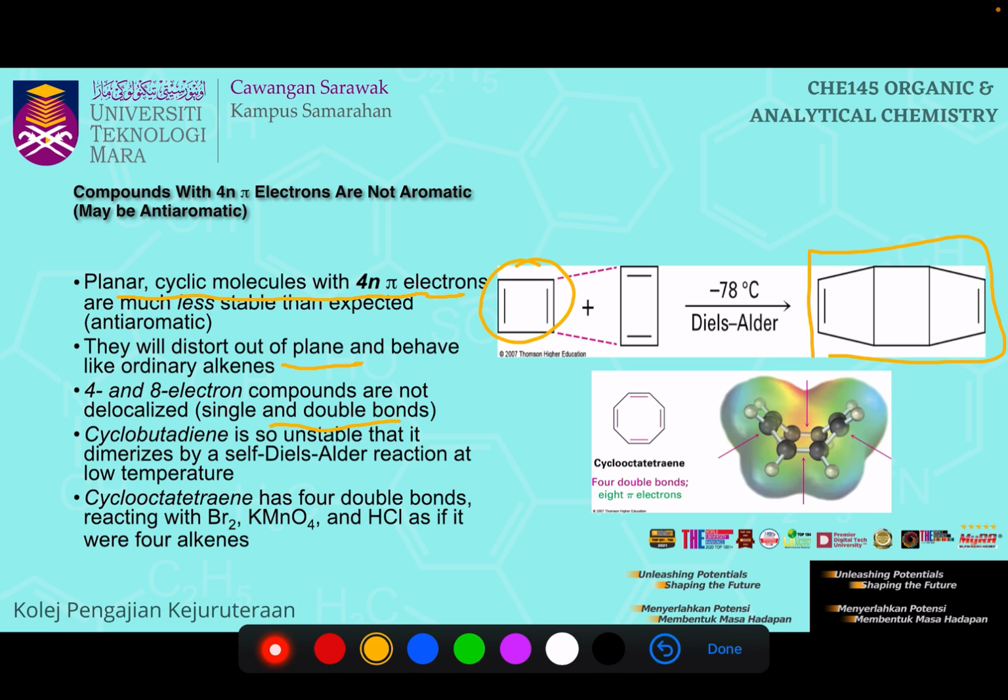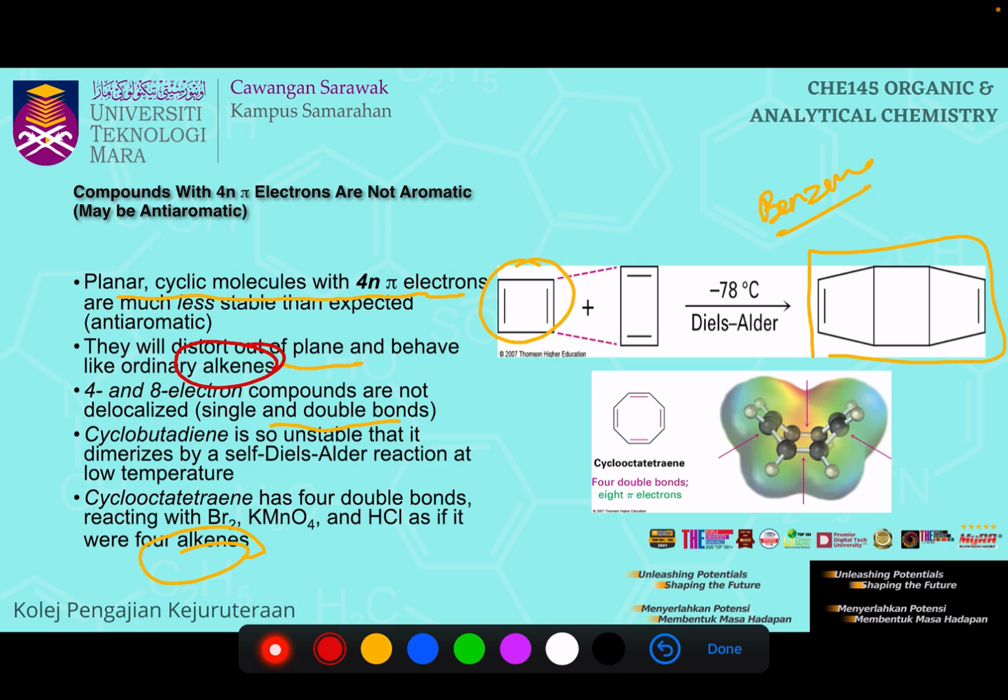Cyclooctatetraene has 4 double bonds, reacting with bromine, potassium permanganate, and HCl as if it were 4 alkenes. So it is not an aromatic compound and will not undergo the reactions of benzene. Instead, the reactions it undergoes will be similar to ordinary alkenes.